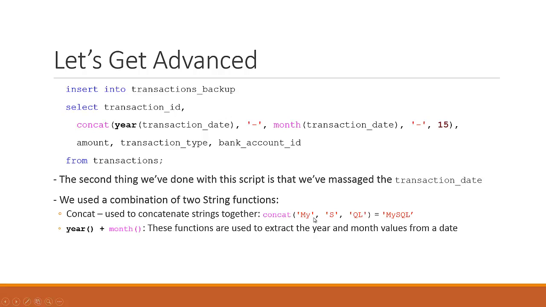You could have had m, comma, y, comma, s, comma, q, comma, l, whatever you want. You can put as many commas as you like, and it's just going to mash it all together. I think the only requirement is that you have at least two different strings inside of the concat statement. Because if you just had one, well, maybe that works too. I actually have never tried it, but then that would be kind of pointless, right?